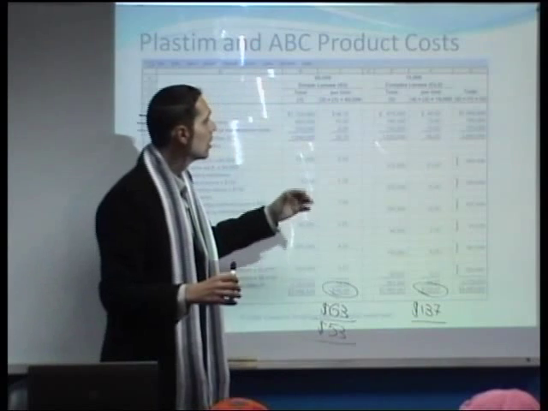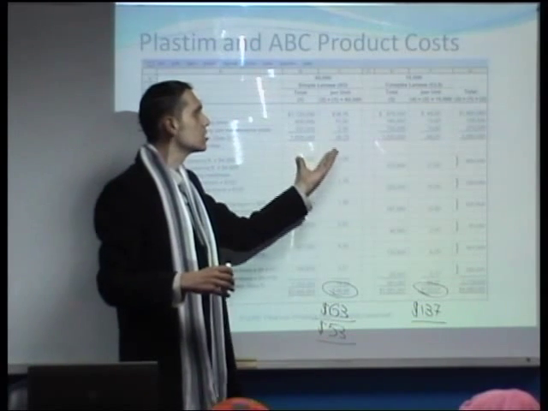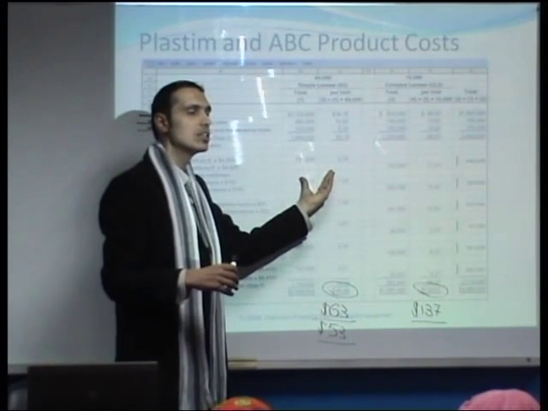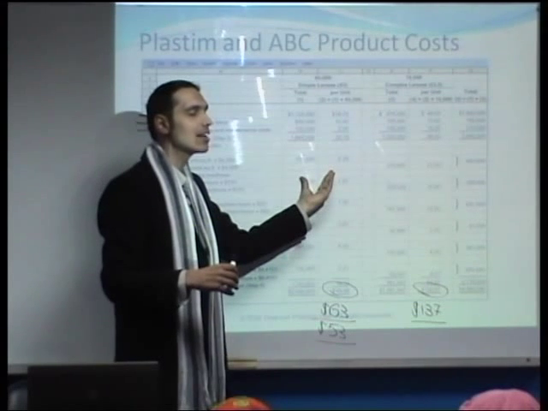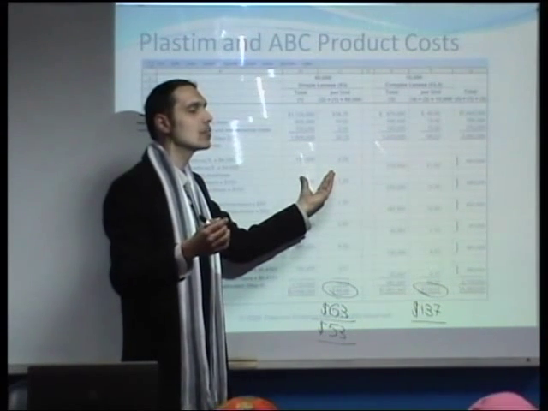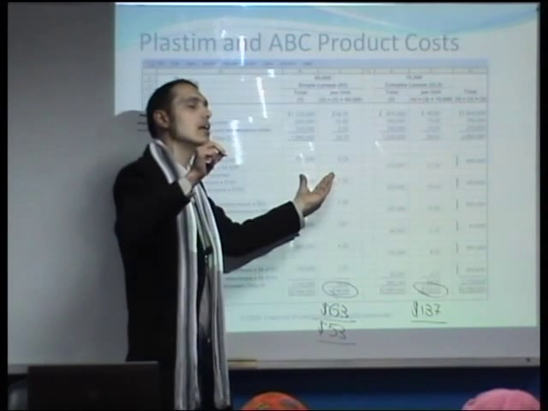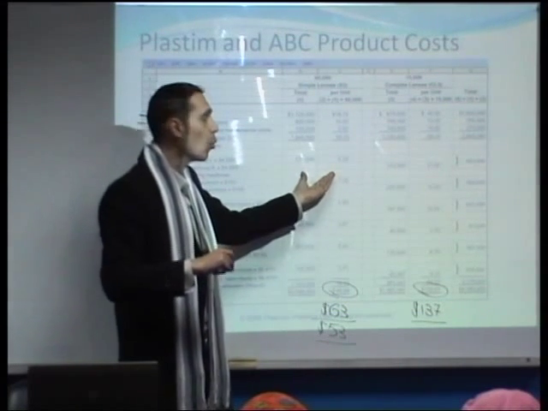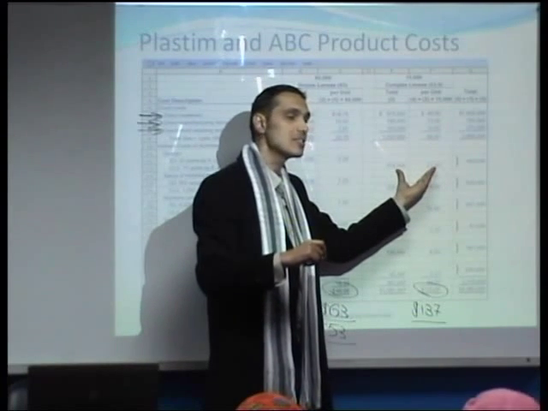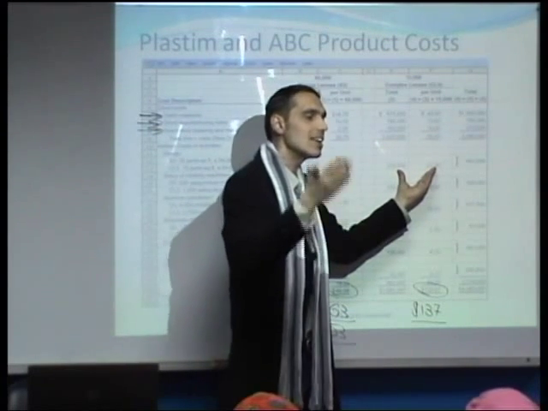That means that over-costing the S3 makes it seem that we are not making as much profit as it actually produces, while the CL5 would seem more profitable than it really is.